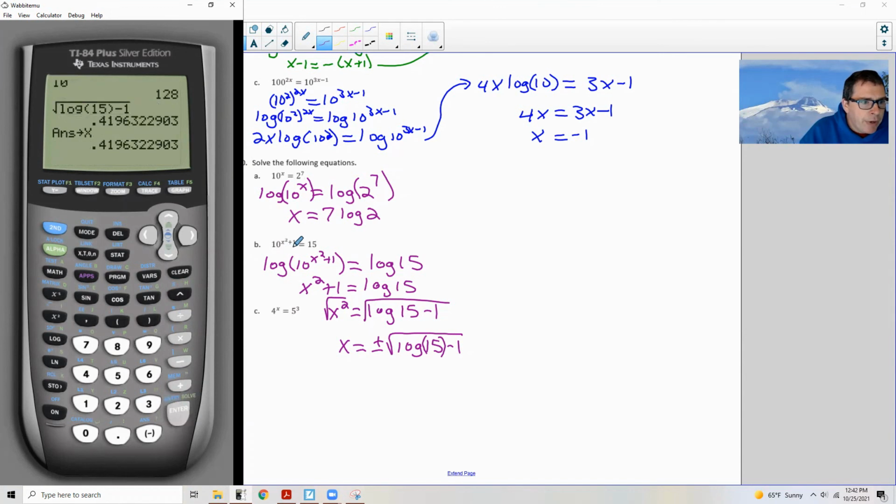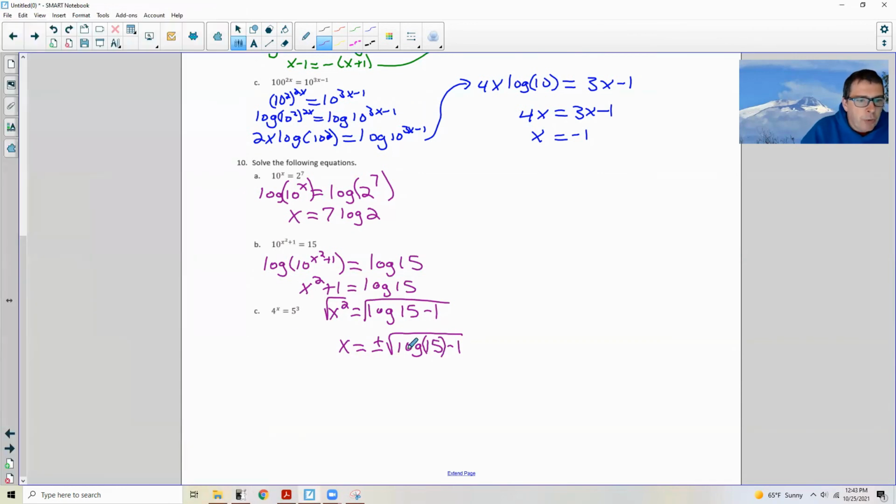Now I want to go back up and put in 10 to the power of x squared plus 1, and I should get 15. And there it is. It checks. I won't check the negative side. It would be the same.